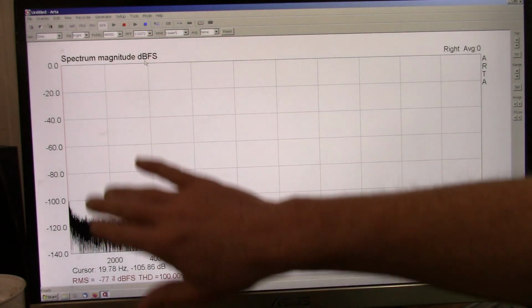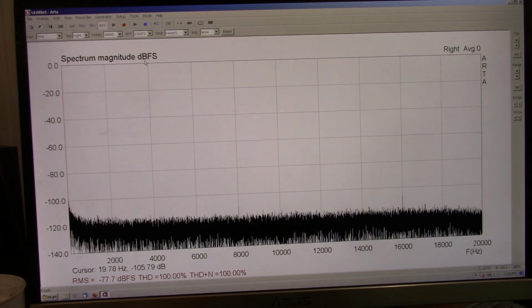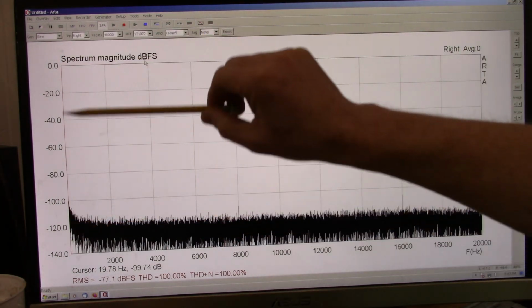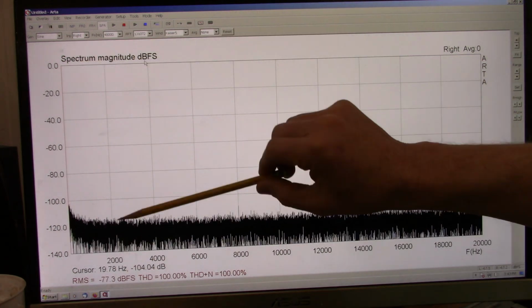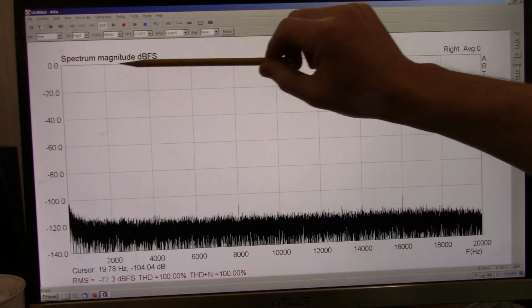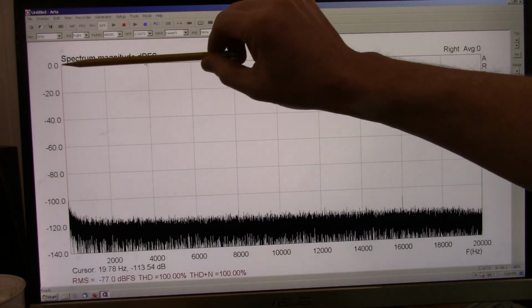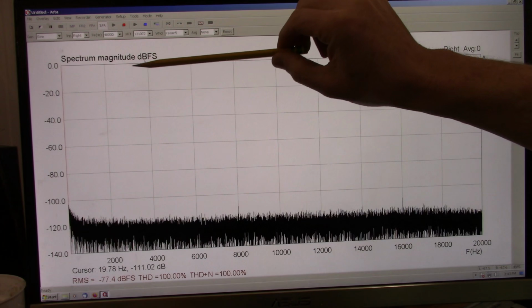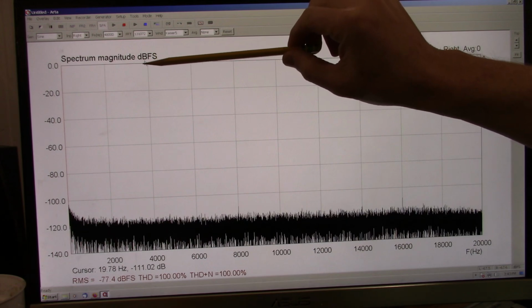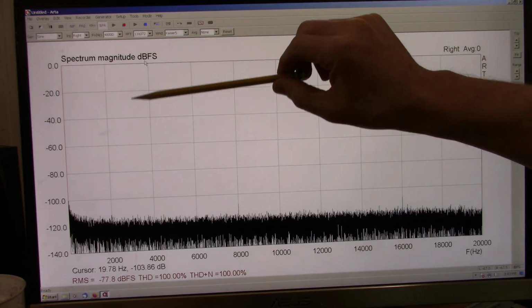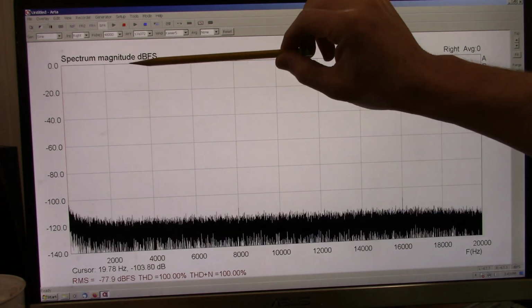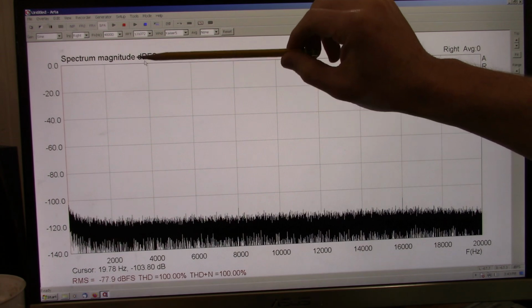Okay, as far as the graph's concerned here, this is set up in decibels. It's kind of a logarithmic function. What you're looking at at the top would be your 0 decibel, or the maximum signal level, and you can think of that as 100%. Each step down here, every 20 decibels is an order of magnitude.